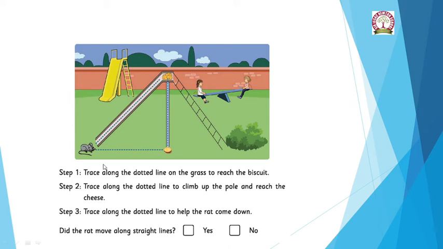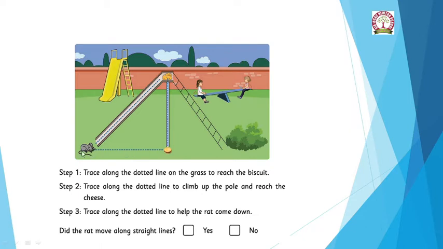In this picture we have three dotted lines. This one is the first, this is the second line, and this is the third dotted line. Step 1. Trace along the dotted line on the grass to reach the biscuit. Now we are going to trace this dotted line to reach this biscuit, right?